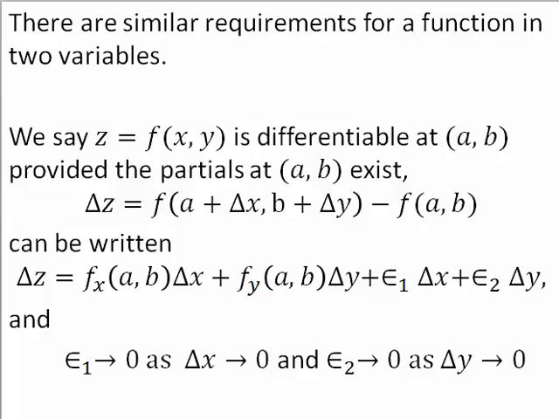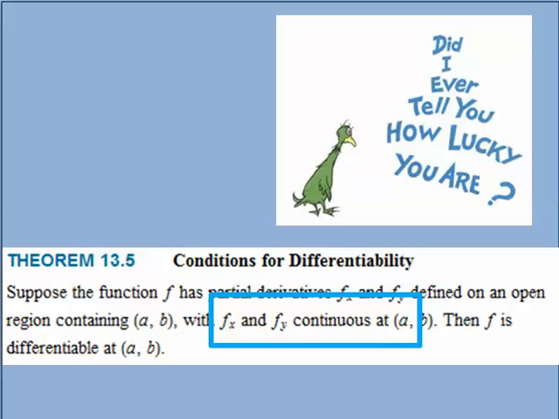Does this mean we have to find epsilon 1 and epsilon 2 each time to find out whether or not a function is differentiable at a point? Well, here's the good news. As long as the partials are continuous, f is differentiable.